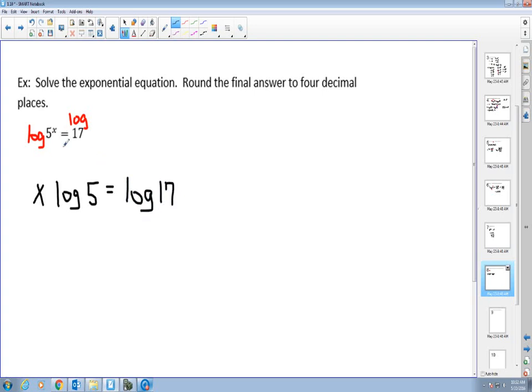It's basically to bring the exponent down to the front. Now to get x by itself, I will just divide both sides by log of 5.